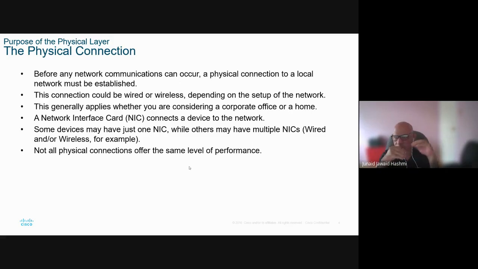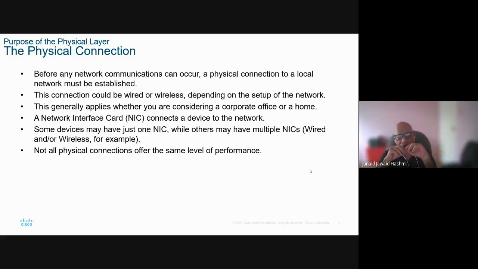You already know that a network interface card connects to either the wired or the wireless network. Not all physical connections offer the same level of performance, meaning the speed. The bandwidth is different depending on the type of media.